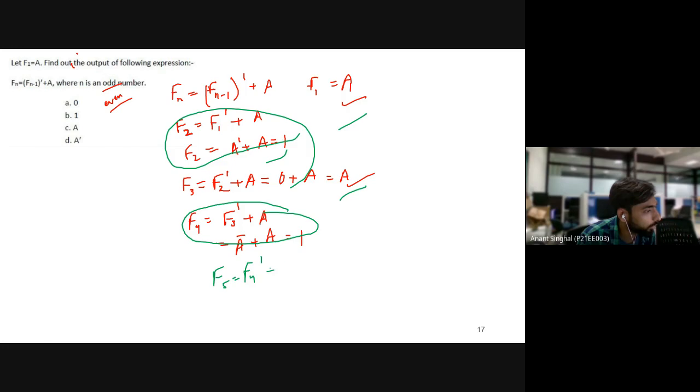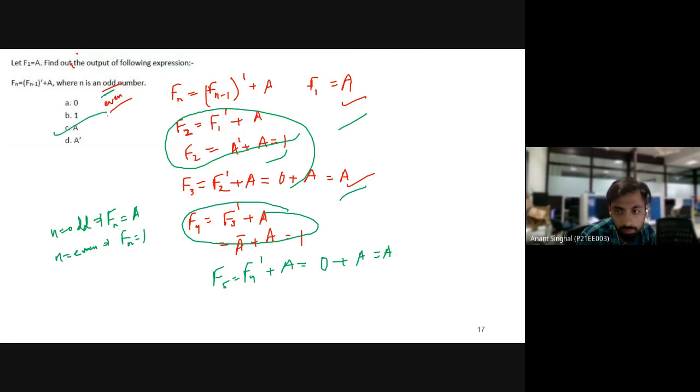It is nothing but F4 complement plus A. This will be 0 plus A, and this will again be A. So you can say when n is odd, we are getting Fn as A, and when n is even, we are getting Fn as 1. So here we have asked for odd, so the correct answer is C. Okay, even 1, odd A. So this is fine, I guess.